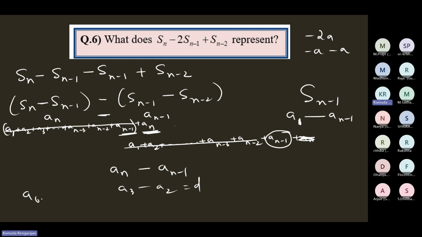The difference between A100 and A99 is the common difference. So the difference between the nth term and the n minus 1th term, that is a term and its preceding term, is the common difference. The expression given above represents the common difference of the AP.